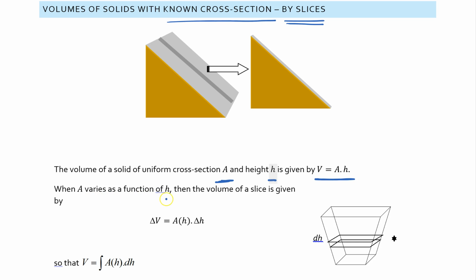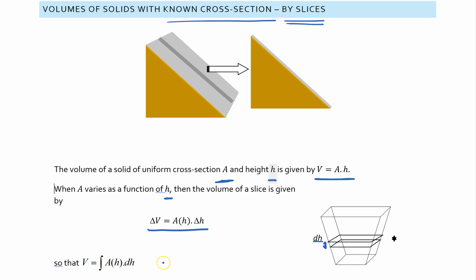So if A varies as a function of h, then we can imagine taking a little thin slice, so that's this part in here, and the thickness of our slice is dh, and the little element of volume is going to have an area which is a function of h multiplied by the thickness of h.